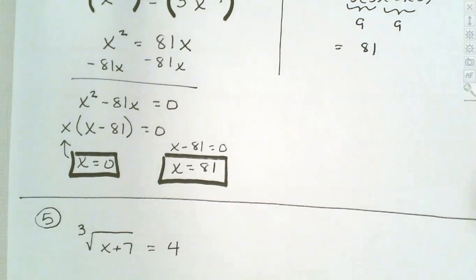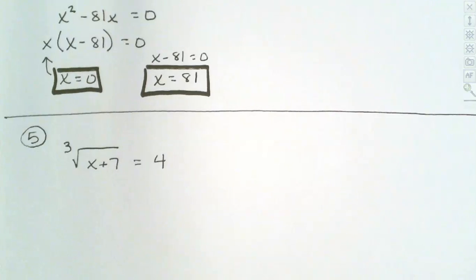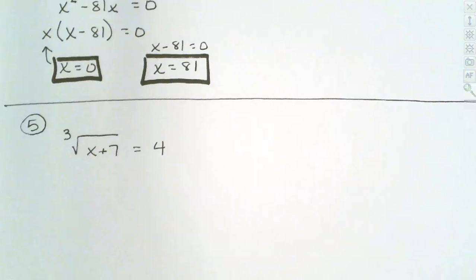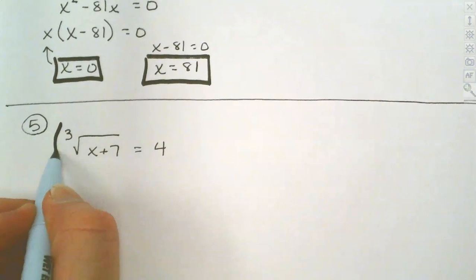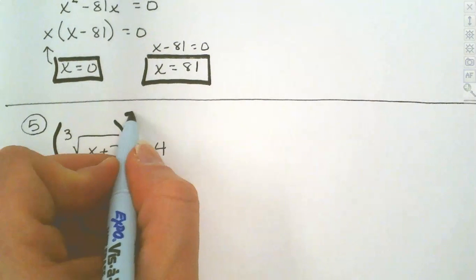We're going to get our solution, and I think we'll only have one, and then we'll have to check that solution. Now, this one is a little bit easier because we don't have to FOIL out the right-hand side. How do we get rid of a square root? We use a square. So how do we get rid of a cube root? We use a cube, right? Okay. So we're now going to cube both sides.